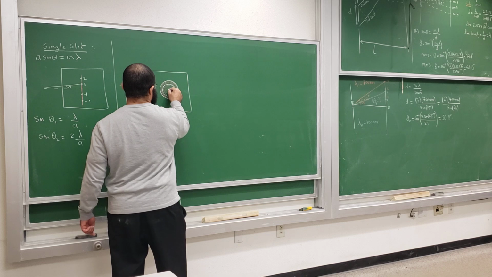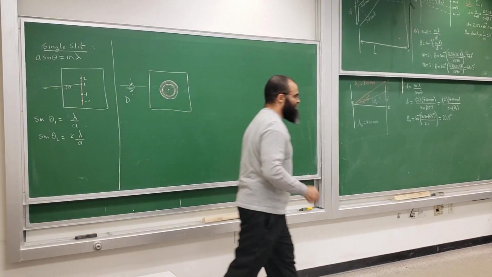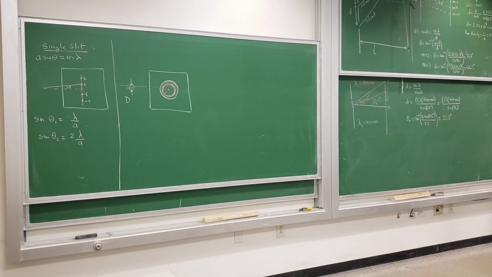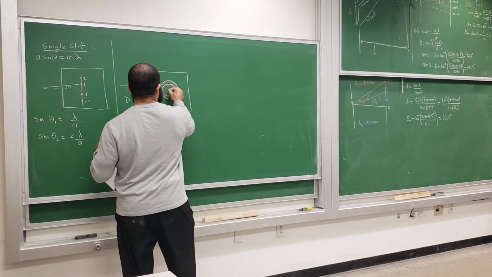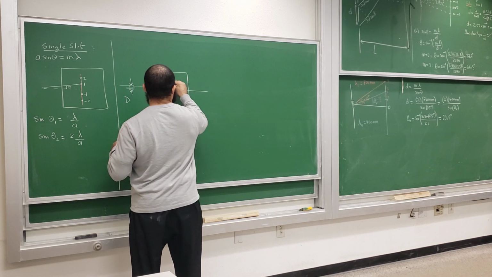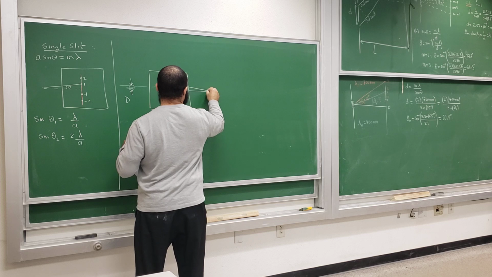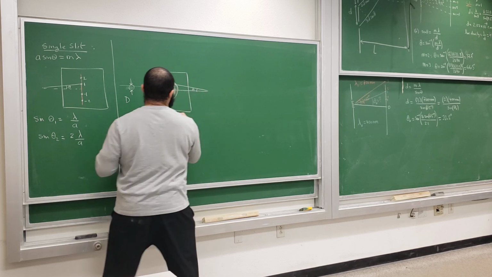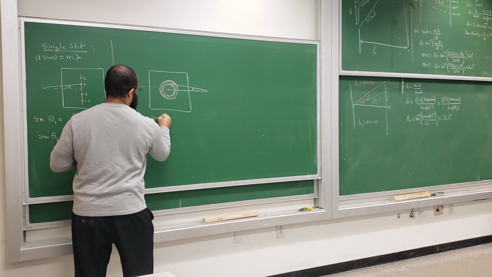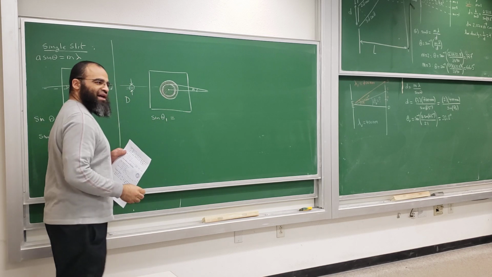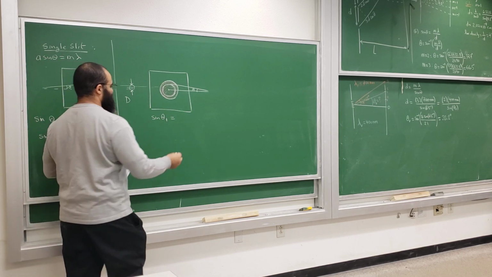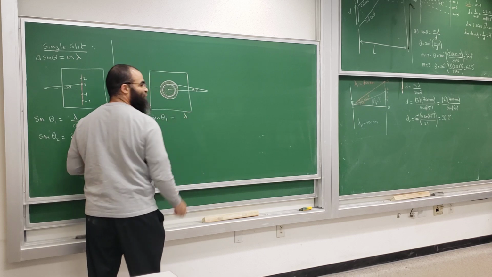Here's the center, and I know the first one, and that's the one we need to know. The rest is just a curiosity. So the first dark ring will happen at this angle. These are the thetas. So sine of theta 1 is equal to, you might guess it should be, lambda over what?